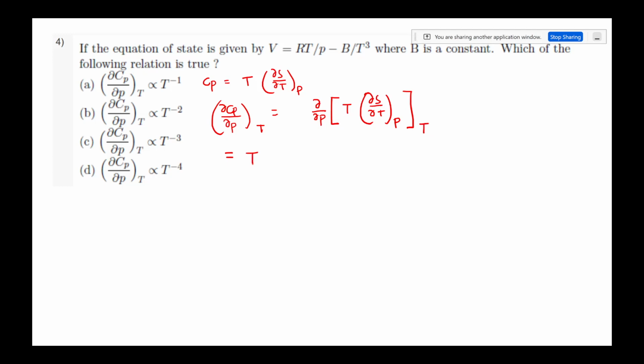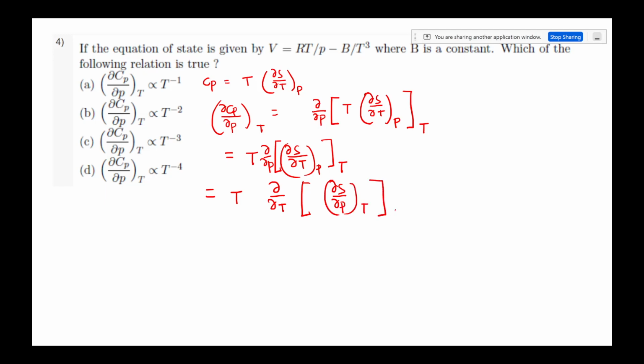So this will become T times del P of del S del T at constant P, which we can write as T times del T of del S del P at constant T, taking P fixed.